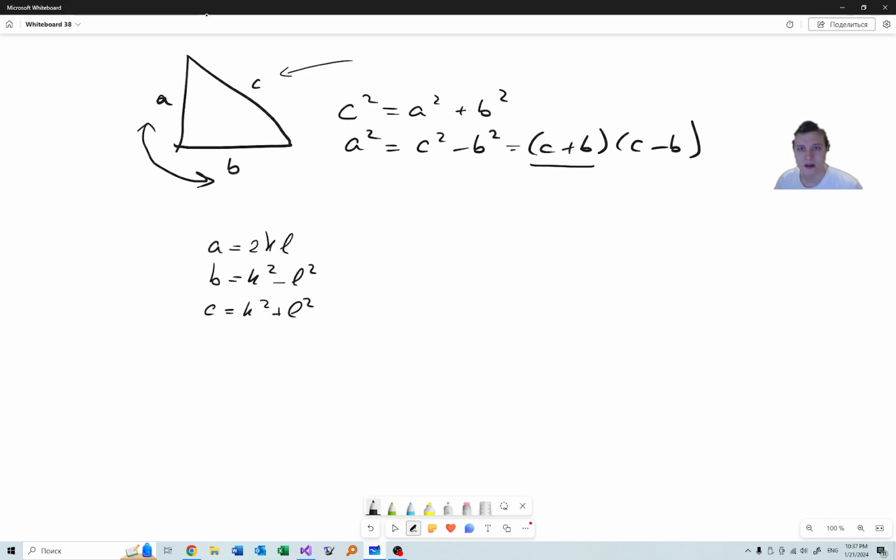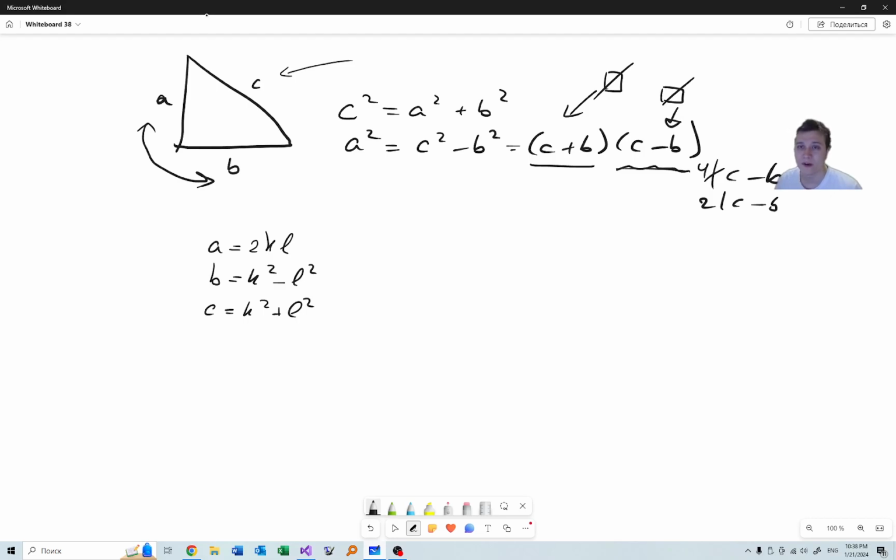Both these numbers are odd, and this means that both of these numbers are even, and there is at least one of them which is not divisible by 4. For example, this one, it is not divisible by 4. So 4 does not divide c minus b. But 2 divides c minus b. So this means that these both are not squares. This is not square and this is not square.